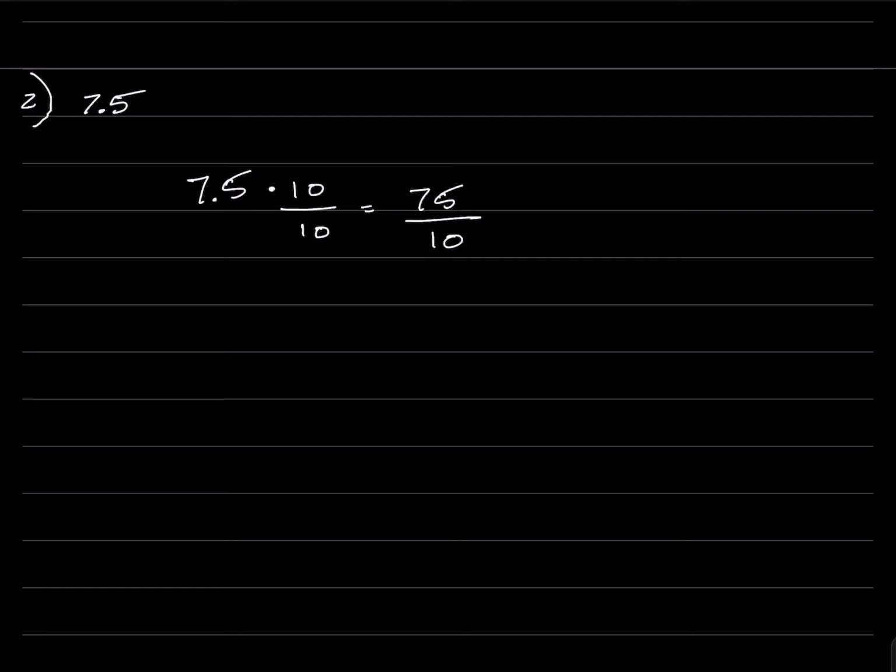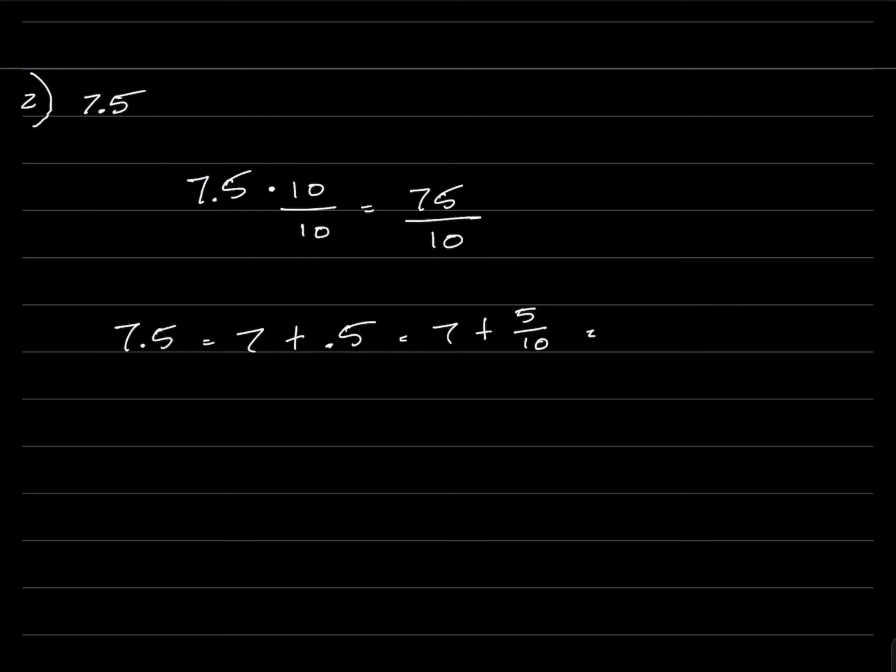Now, because it's an improper fraction, I can write that as a mixed numeral. We're going to go back and start with 7.5 again. So we can think about that as 7 plus 0.5. 0.5 is 5 over 10.